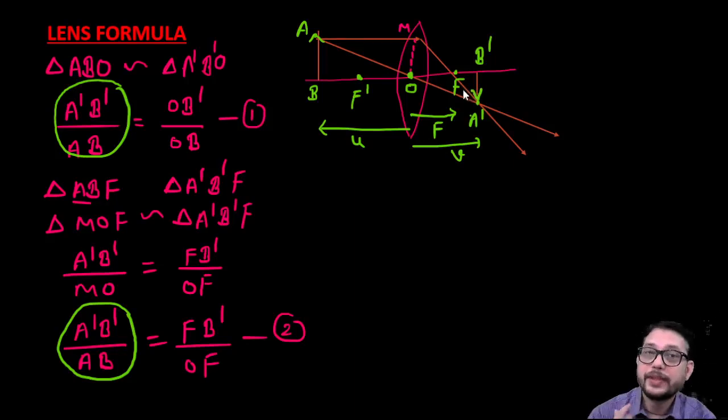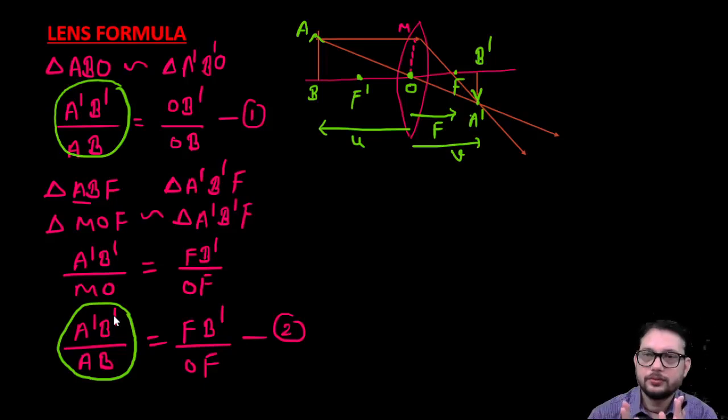You have to take common point O and F. For common point O, we choose triangles ABO and A dash B dash O. For common point F, we take a virtual object MO, so MOF and A dash B dash F, and the virtual object is replaced by the real object. In this way you can easily derive the expression.